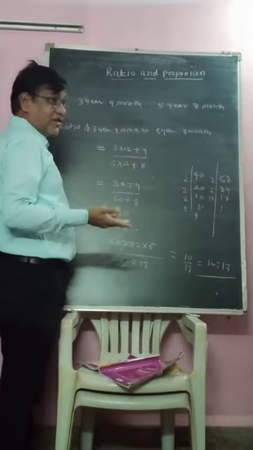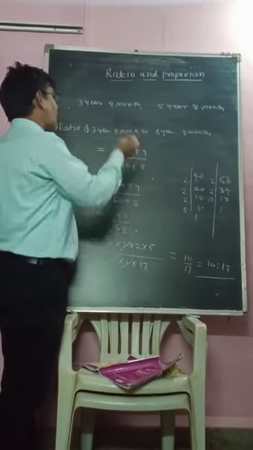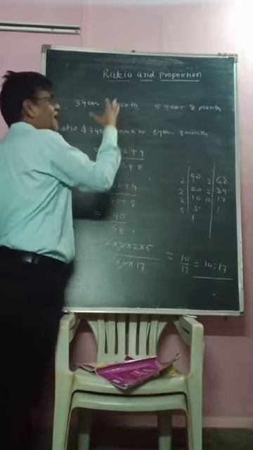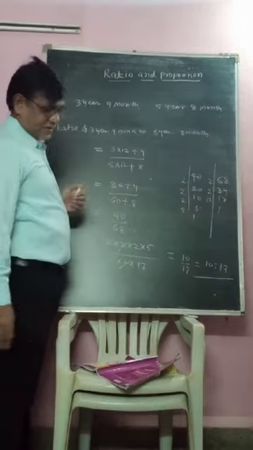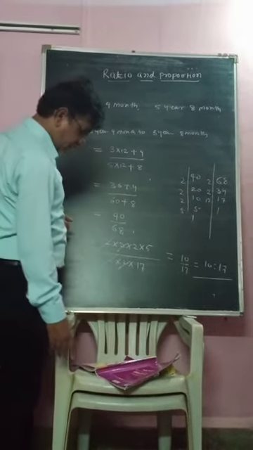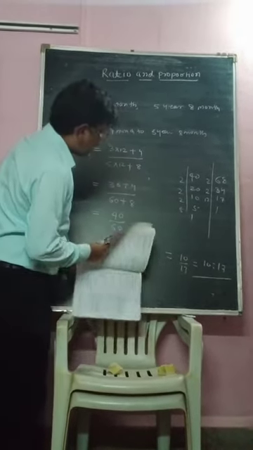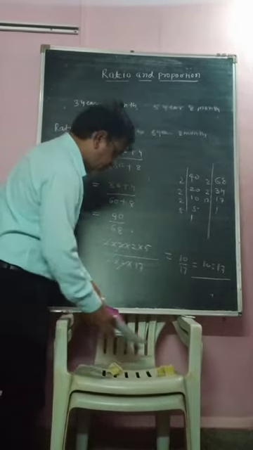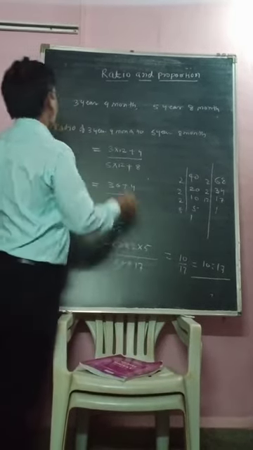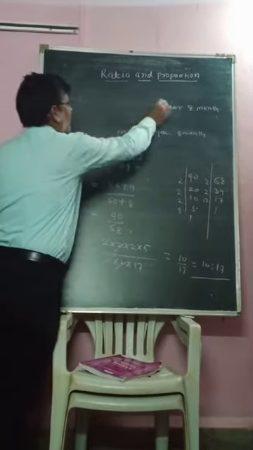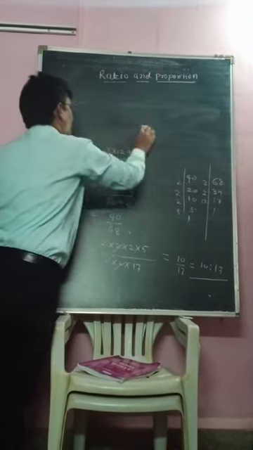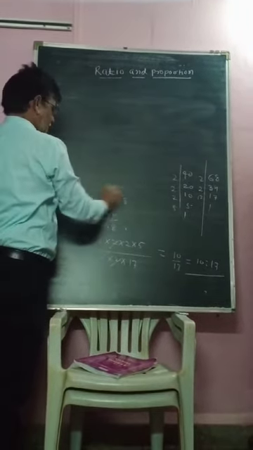If it asks second quantity to first, the second quantity goes in the numerator and the first quantity in the denominator. Okay. In this way you can find out the ratio of the given quantities and convert it into reduced form. Right?